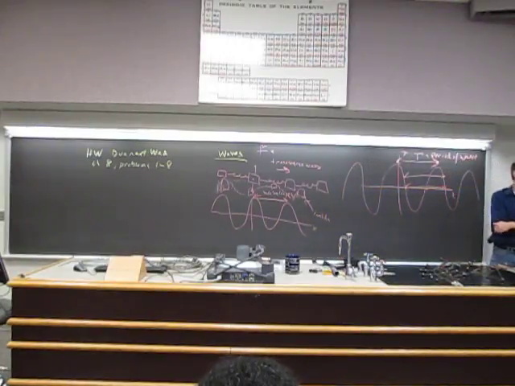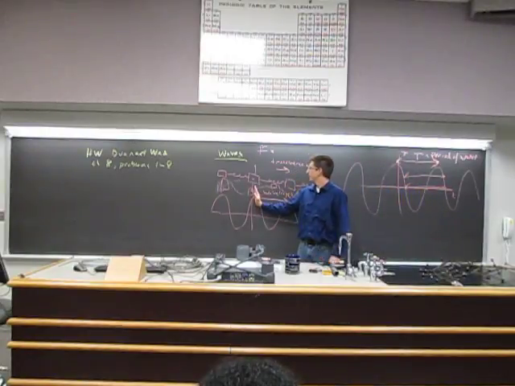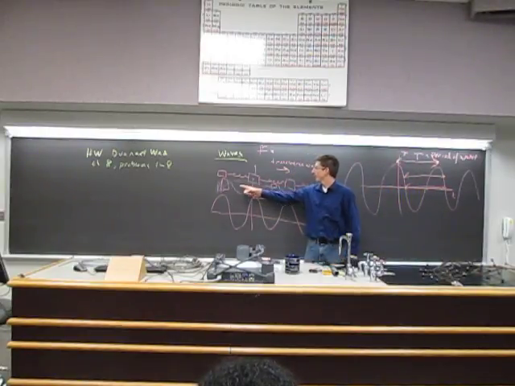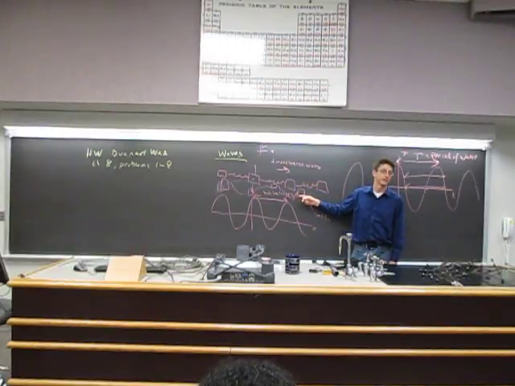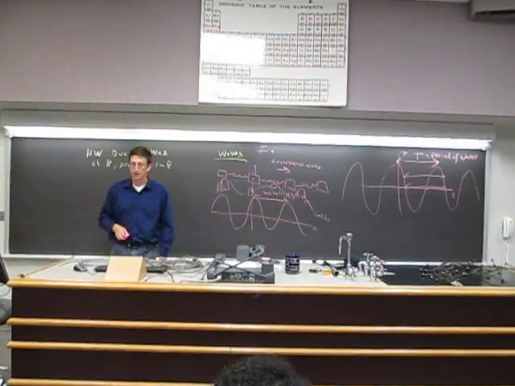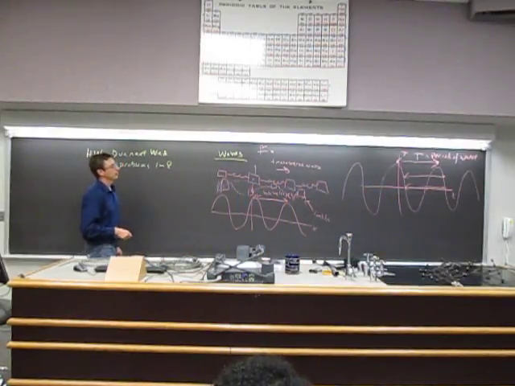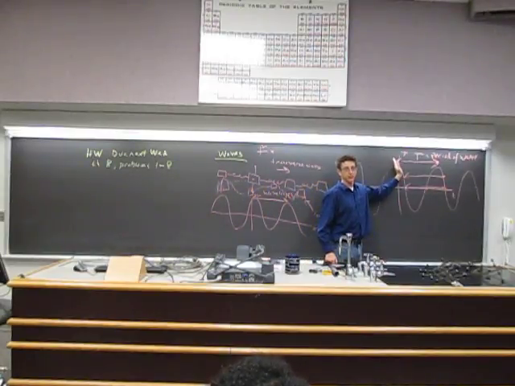Well, you saw that waves travel at some speed, right? So this disturbance moves along in space. In fact, one wavelength passes through a point every time I get one period.